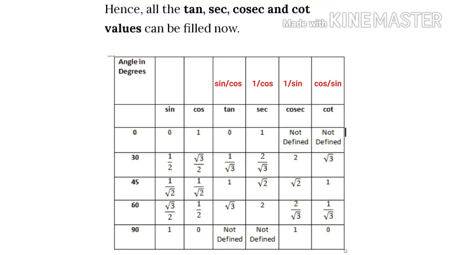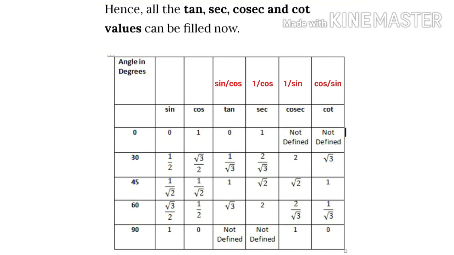Sec 45 degree equals 1 by 1 by root 2, that means root 2. Sec 60 degree, 1 by 1 by 2, that means 2. Now sec 90 degree equals 1 by cos theta, that is 1 by 0, that means it cannot be defined.